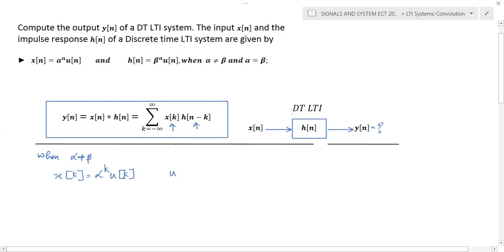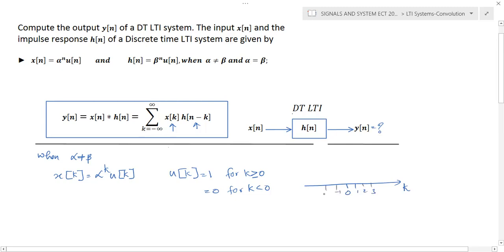In this particular case, you can see that there is u of k. We know the signal u of k. U of k is equal to 1 for k greater than or equal to 0, and 0 for k less than 0. And if you draw the waveform, it will be like this. The variable is k, and here it is 0. It's 1, 2, 3.